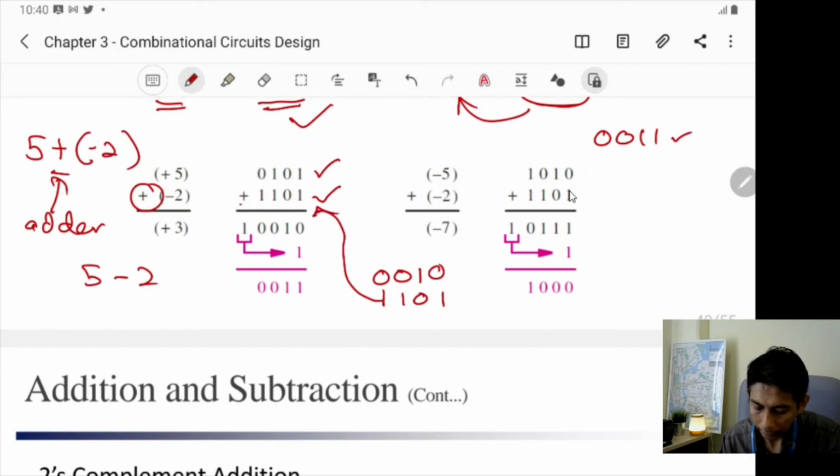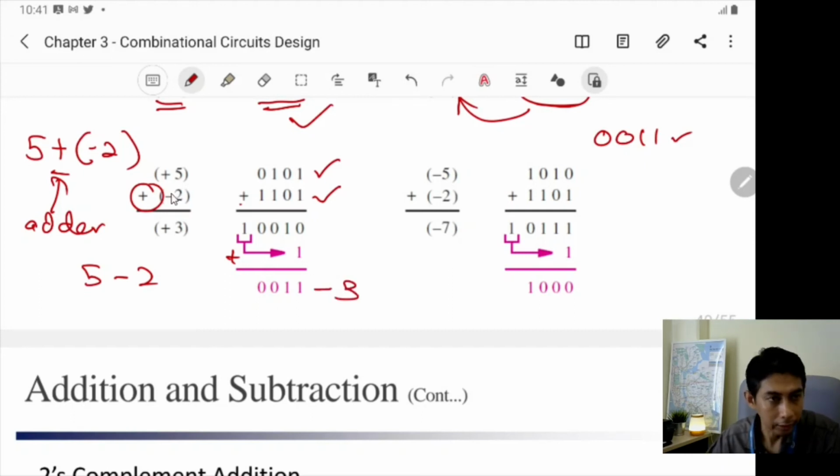Exactly this. So when you add this number together, you have this. And this is carry, you add again with this, which means you use another adder, you add again, you have this, and this is equal to 3.